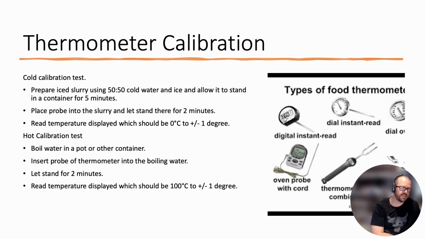The temperature gauge should get to 0 degrees. On the other scale from that, we have a hot calibration, and that's about checking the temperature of boiling water. So boiling water, when it is boiling, should reach 100 degrees. That's how we calibrate our thermometers. So if your thermometer reaches those points when you're testing it, then it's an effective read.